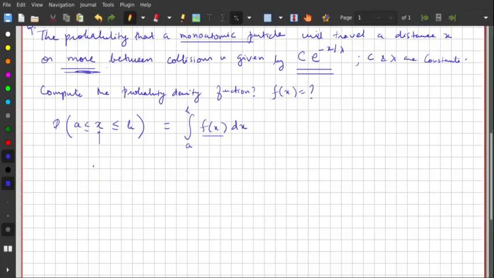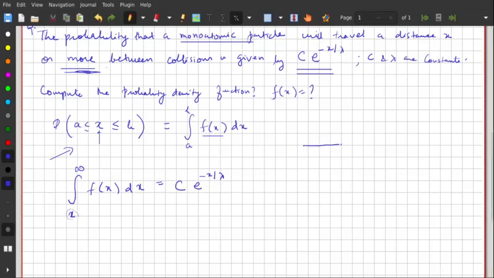If you translate using this idea, this gives us the integral from x to infinity of f of x dx equal to c e to the power minus x over lambda. That needs to be clear, because it's greater than or equal to x, and x is unbounded in the upper limit, so it can go up to infinity.